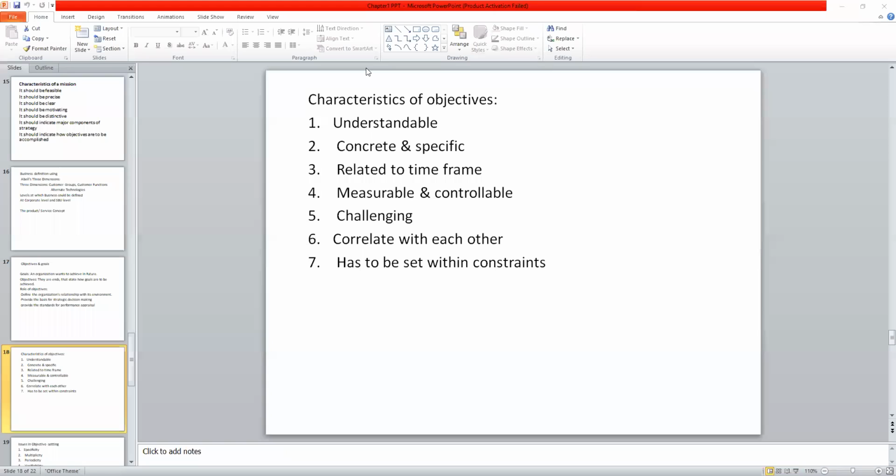Now, the objectives should also be measurable and controllable. When we have certain plans and objectives and everybody is moving towards them at the operational level, if you have a review process, maybe fortnightly, the manager reviews what is happening at the operational level, whether they are able to meet the set standards, and what the gaps are if they are not.